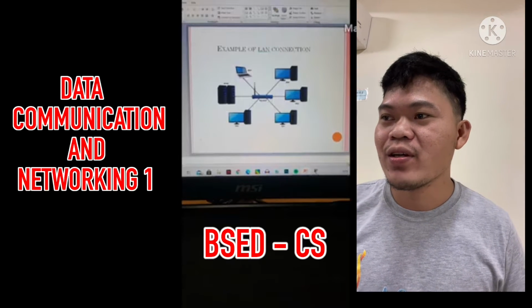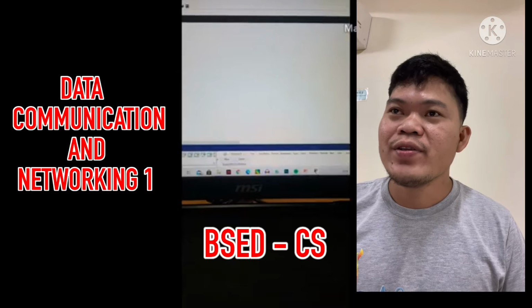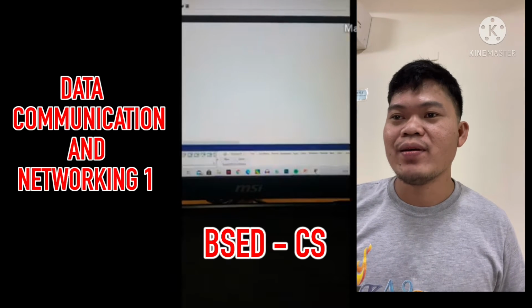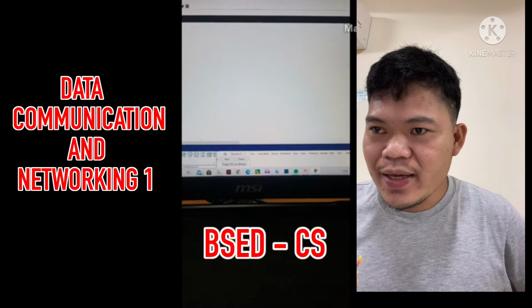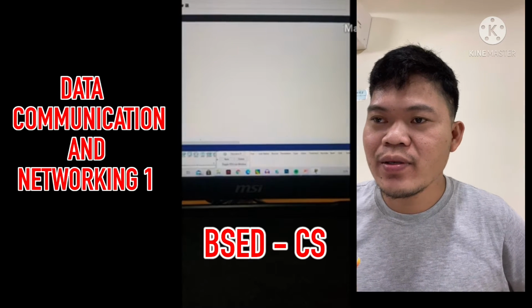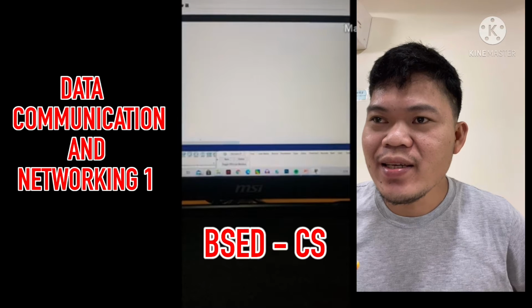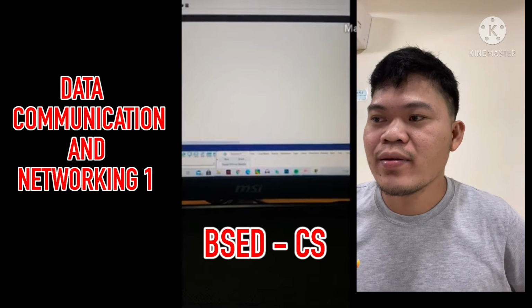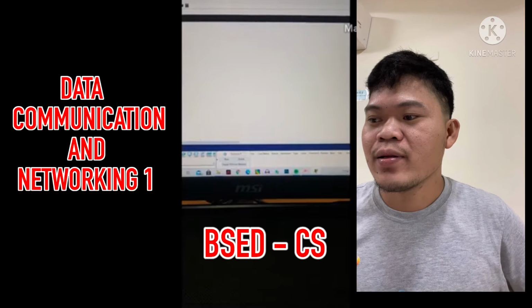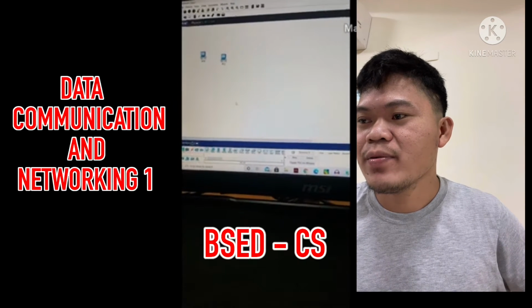Now let's see an example in Cisco Packet Tracer. Let's make an example. We're going to choose the end devices. Of course, we have PCs. We have three PCs.